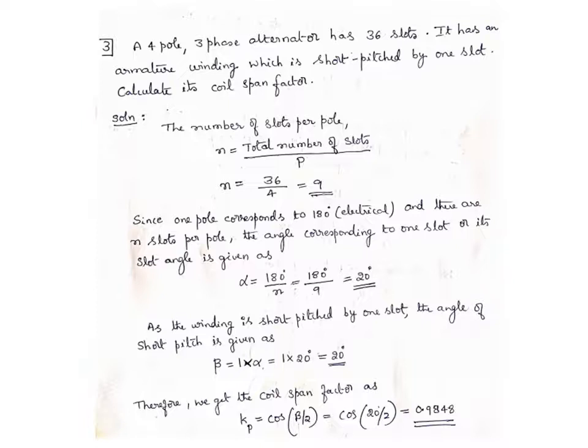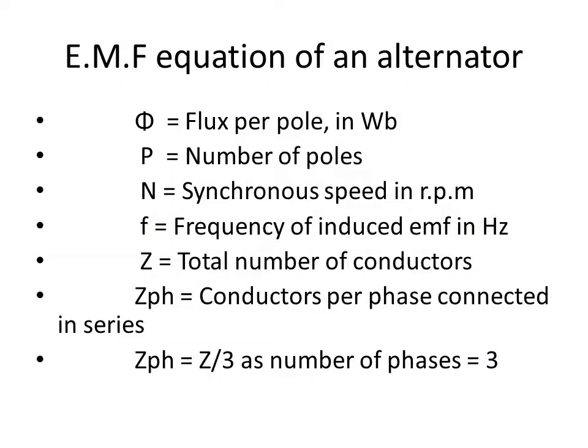One slot gives a phase difference of 20 degrees. If it is short pitched by one slot, then the angle of short pitch is 1 times alpha, 20 degrees. So how to calculate Kp? Cos beta by 2, cos of 20 divided by 2, which is 0.9848. This is the formula to calculate the coil span factor or pitch factor.